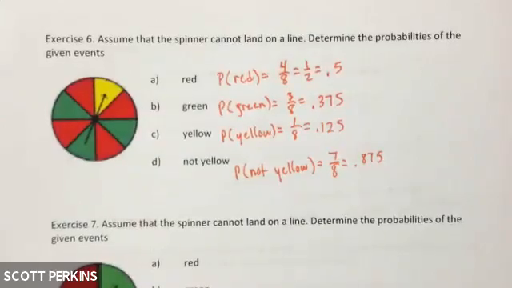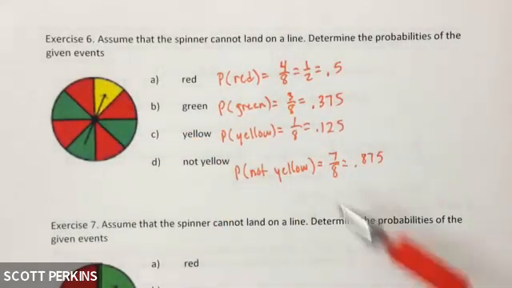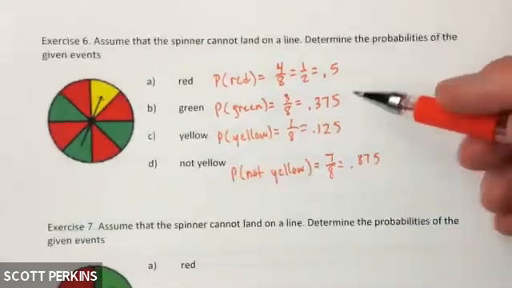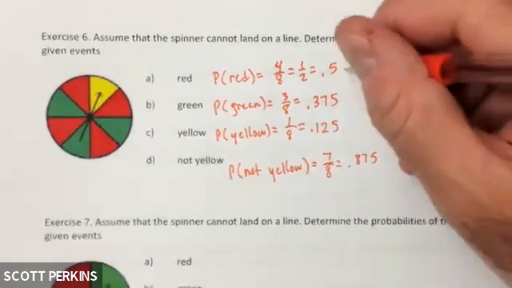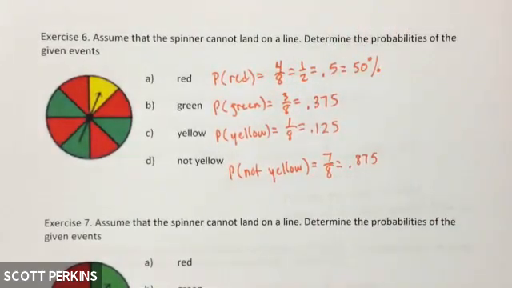Great. So 87.5% of this circle is not yellow. 12.5% is yellow. Sometimes you do see probabilities written as percents. So we could write this as 50%. If you come across an example in the book and they give you a percent, that's the same thing as your probability.